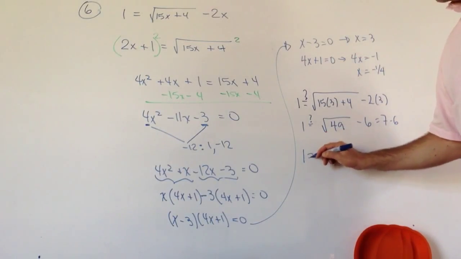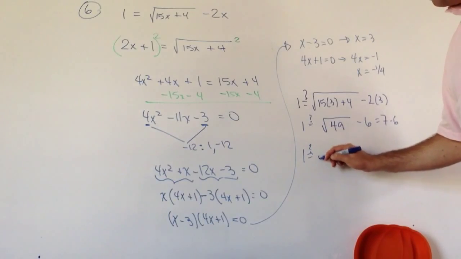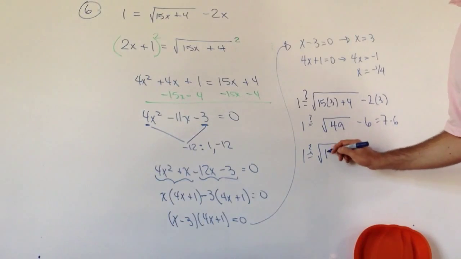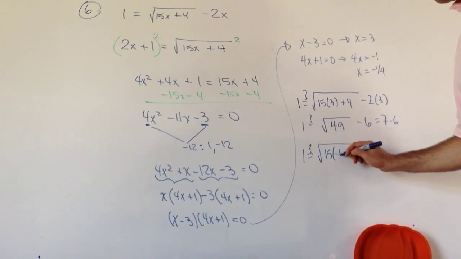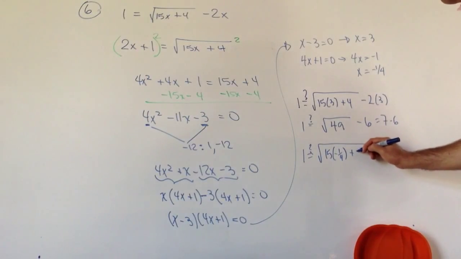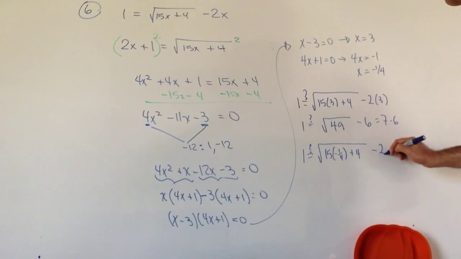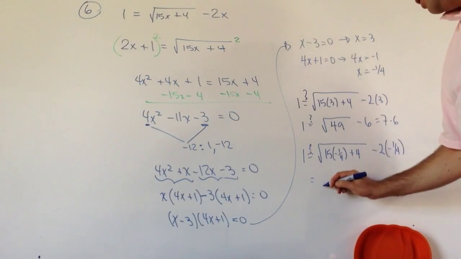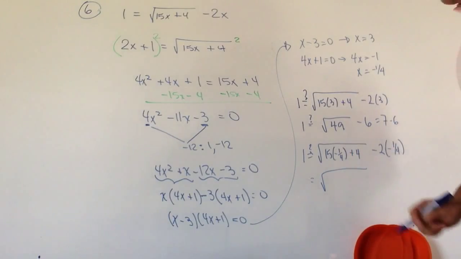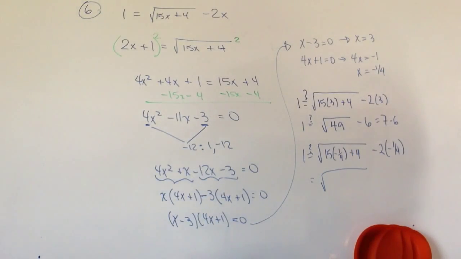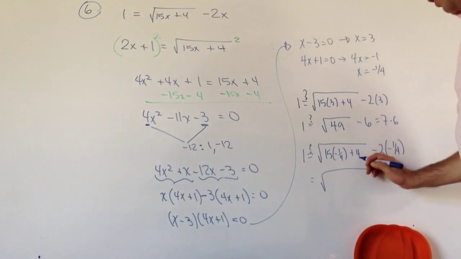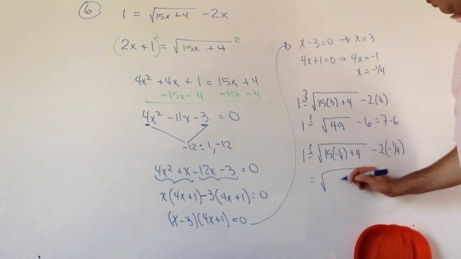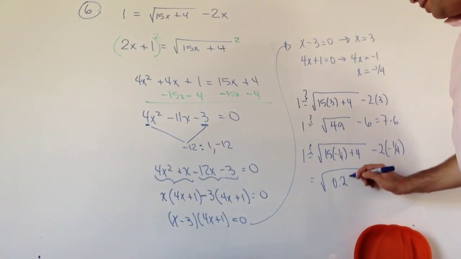And the other one is negative 1/4. So does 1 equal the square root of 15 times negative 1/4 plus 4 minus 2 times negative 1/4? Let's see. 15 times negative 1/4 is negative 3.75 plus 4 is 0.25.